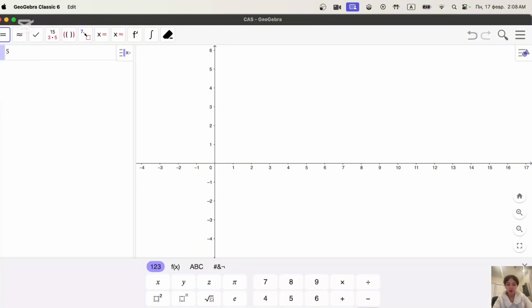Let's type again. X minus 6. After we press enter, GeoGebra returned x equals 9. Let's verify graphically.